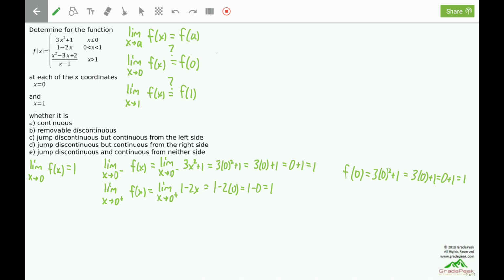So to recap, for the 0, we have the limit as x approaches 0 from the left of f of x does equal the limit as x approaches 0 from the right of f of x, and this does also equal f of 0, and therefore we have the exact situation to be continuous, and that one will be A.